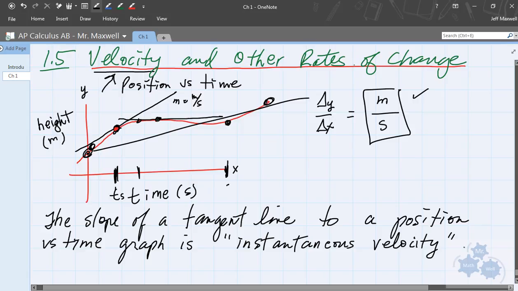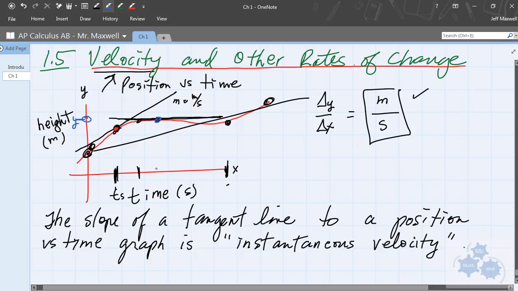Now, if this point right here was exactly horizontal, what would be the instantaneous velocity at this point? If this was a horizontal line. Okay, good guess, you said the y value.